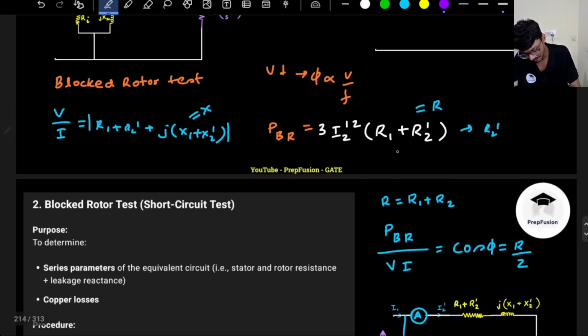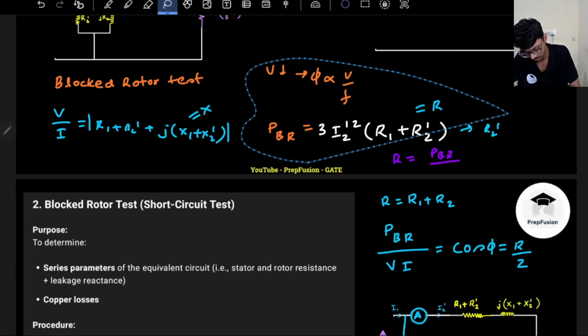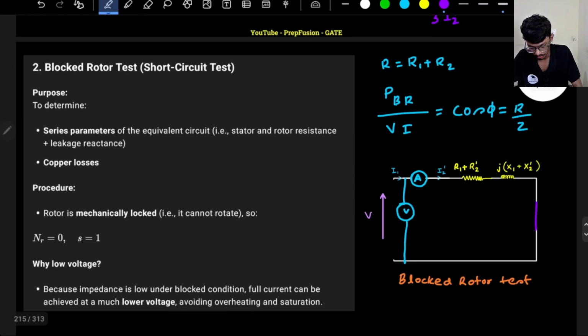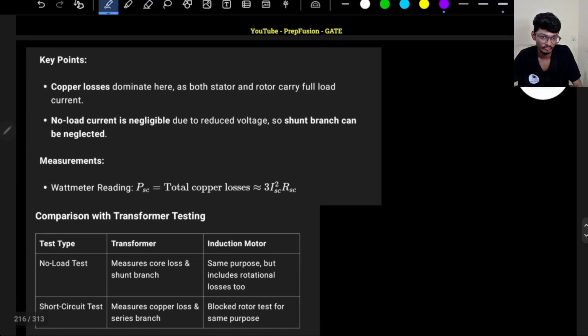For R I can directly write R will be equal to PBR divided by 3 into I2 square. This is how you find out the parameters.